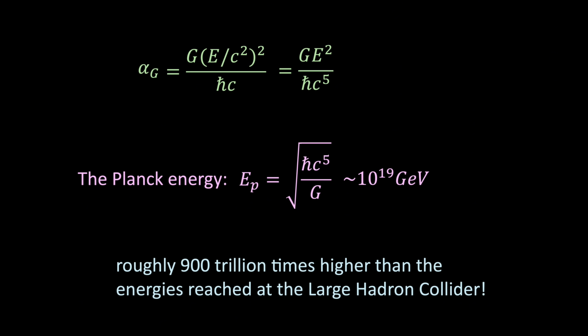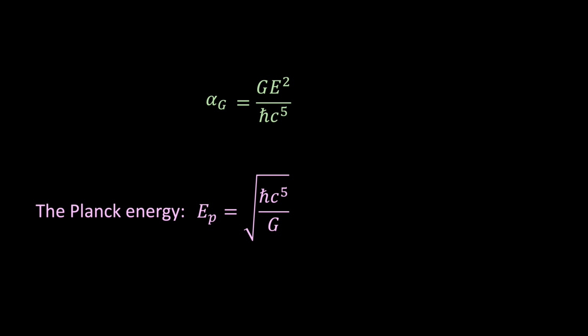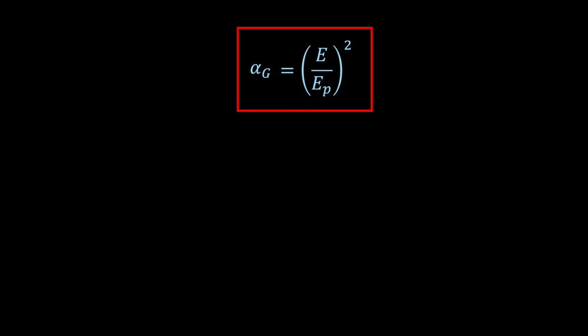And the remarkable thing is that we can now re-express our gravitational coupling in terms of the Planck energy. If we combine our expression for alpha G with the Planck energy, the entire expression for alpha G collapses beautifully into a single simple ratio, E divided by E_P, all squared. And this is what we were looking for.